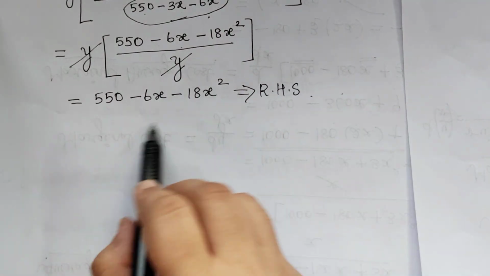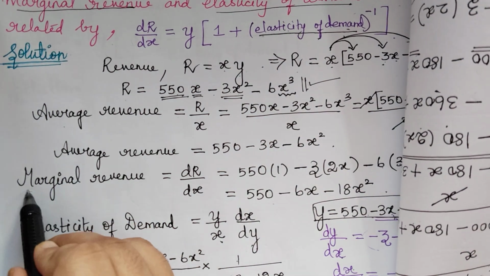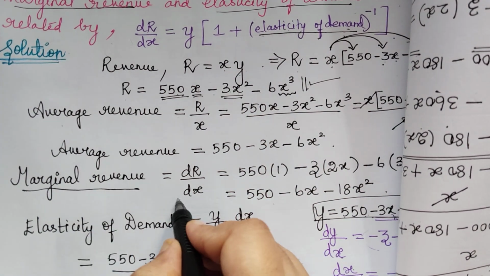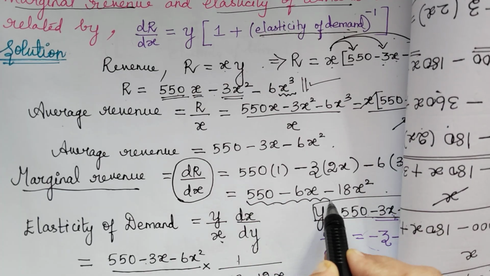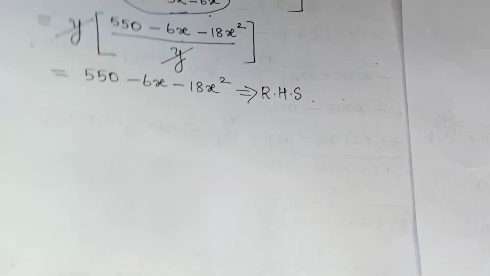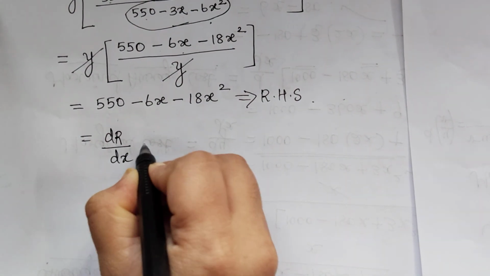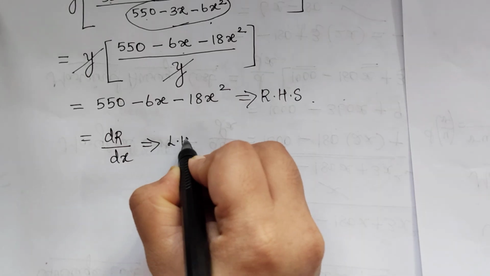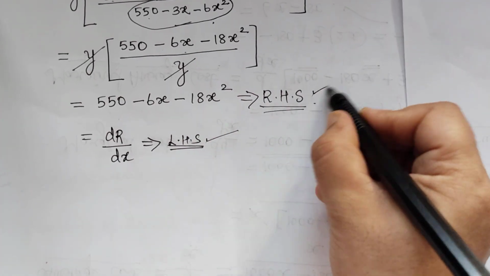But what is this? When you see, it is the marginal revenue that we got. So marginal revenue, dr by dx, we got as 550 minus 6x minus 18x square. So therefore this is equal to dr by dx, which is the required left hand side. So therefore the right hand side and the left hand side both are same.